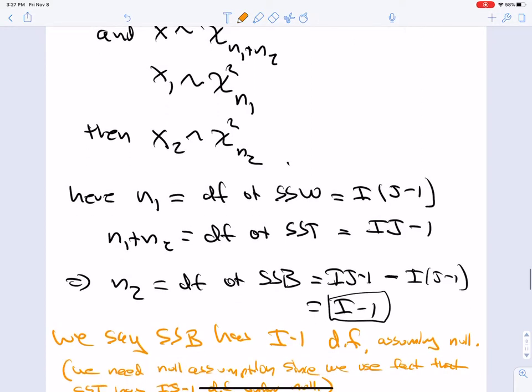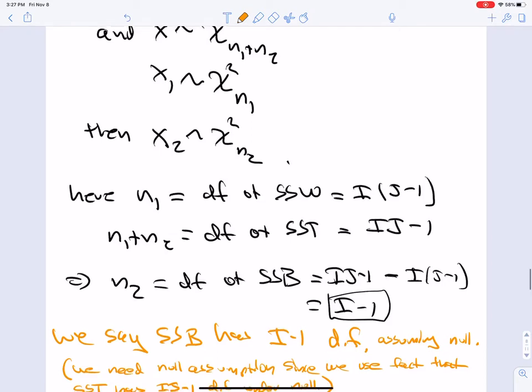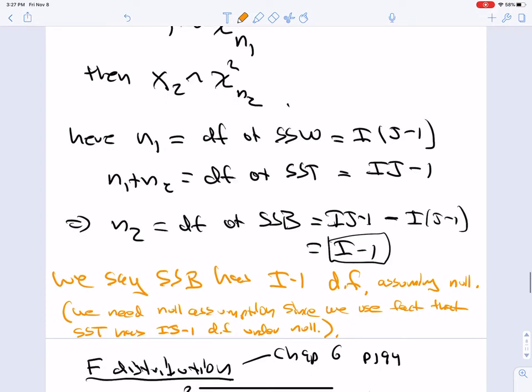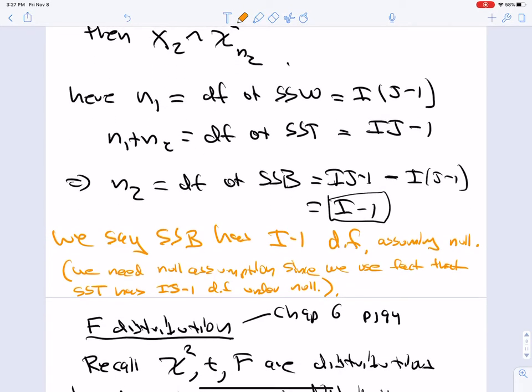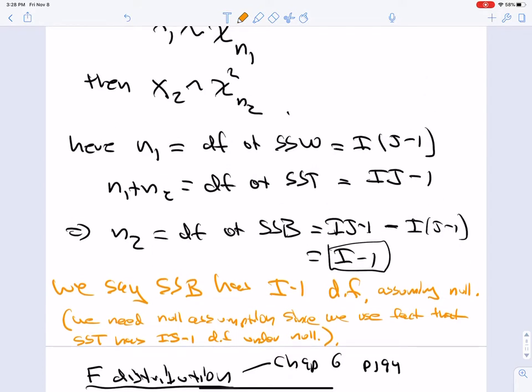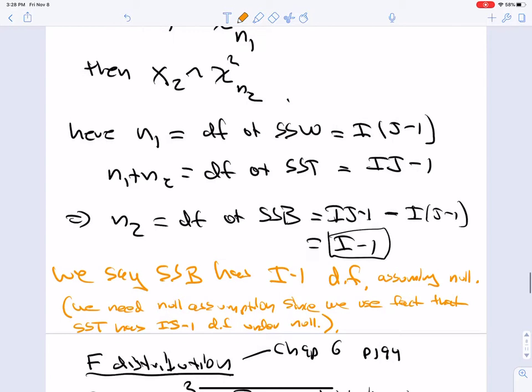So here our n1 is I times j minus 1, our n1 plus n2 is ij minus 1, and our n2 is I minus 1. So we say that SSB has I minus 1 degrees of freedom, assuming the null. I'm assuming the null here because to do this I needed that SST has ij minus 1 degrees of freedom, which is only true assuming the null.